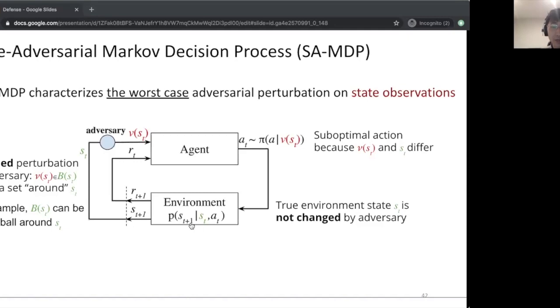In SA-MDP, the adversary nu adds a worst-case bounded perturbation to the agent's state observation, but it does not change the true state where the agent is. We assume that given a state S, the bounded perturbation is in a set B(S). For example, we can assume this B(S) is an L-infinity ball around S.